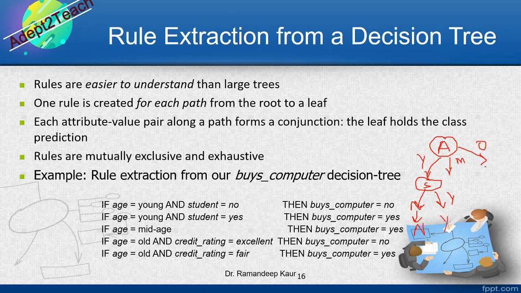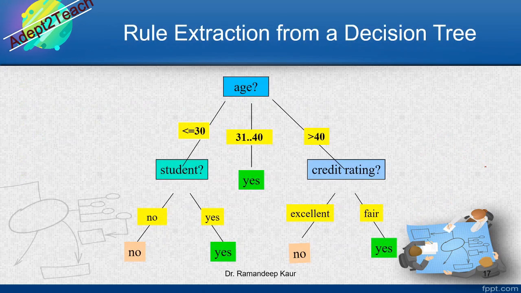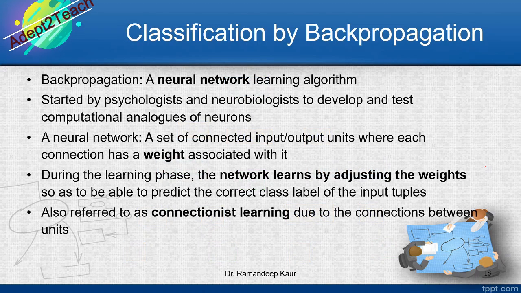This is how we can make the decision tree. Based on these values that I have written here, I can make a decision tree like this. I have taken the same example that I took for classification by decision tree induction, so it can be easily related: how a rule can be converted into a decision tree and how a decision tree can be converted into a rule.